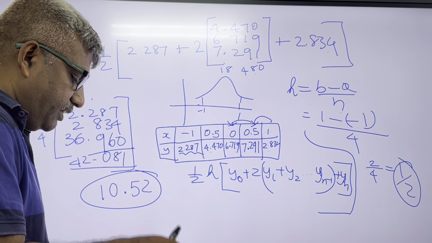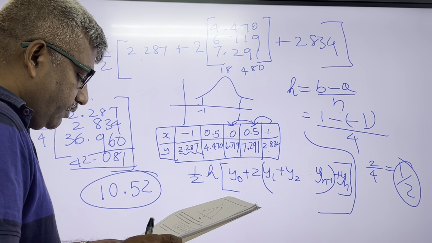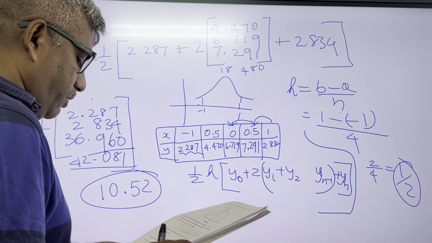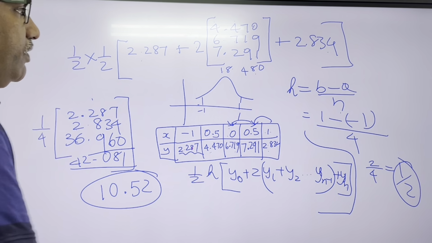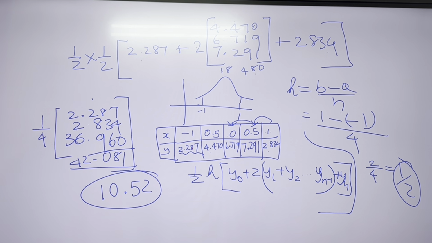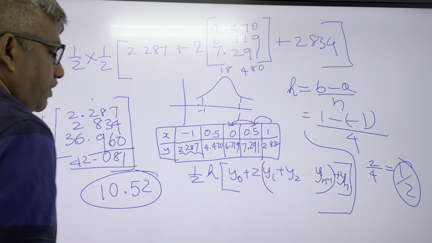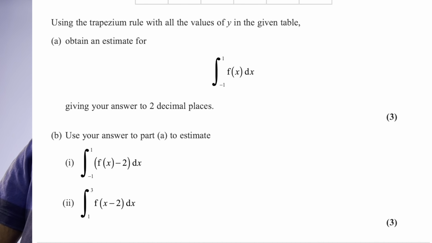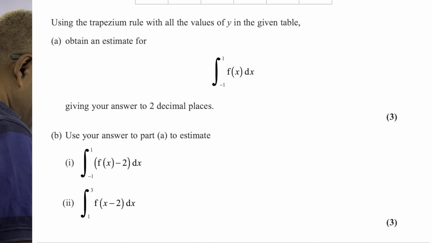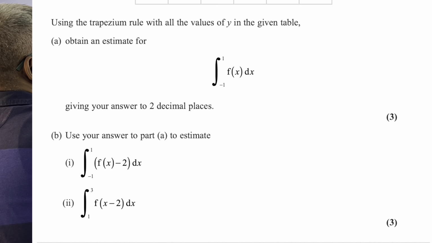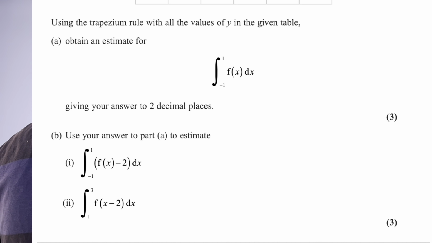Next, part B. F of x we found out. They are asking, do this one, copy down. Next is integration of minus 1 to 1 of f of x minus 2 dx.